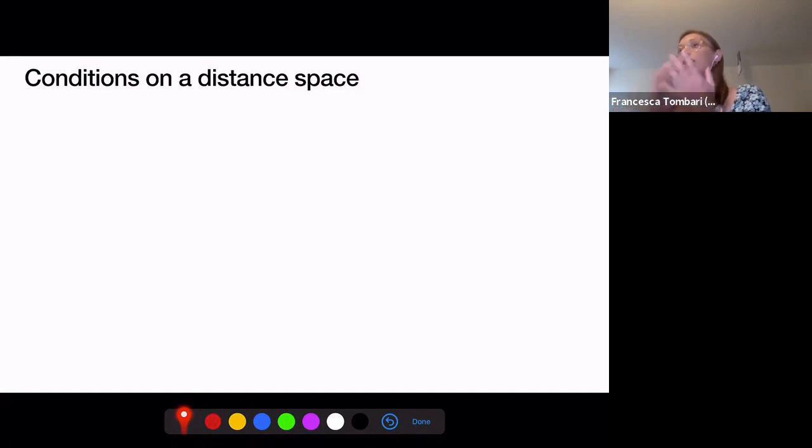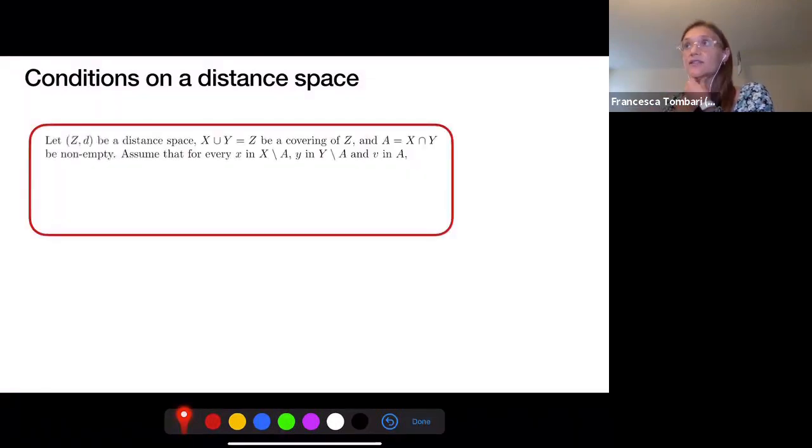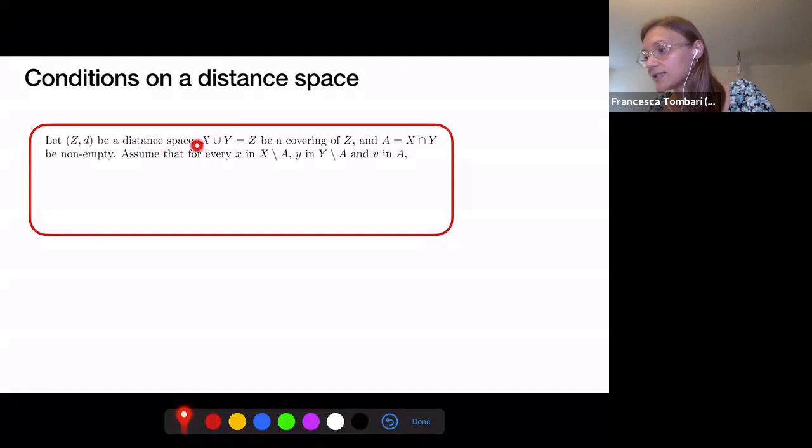Well, the condition that we had on contractibility and connectedness, or whatever condition we had on obstruction complexes, here translates into conditions on the distance or on the pseudometric. And here is the result for a distance space, for example. Since it's not really standard terminology, I refer to a distance space here as basically a pseudometric space without the triangular inequality required.